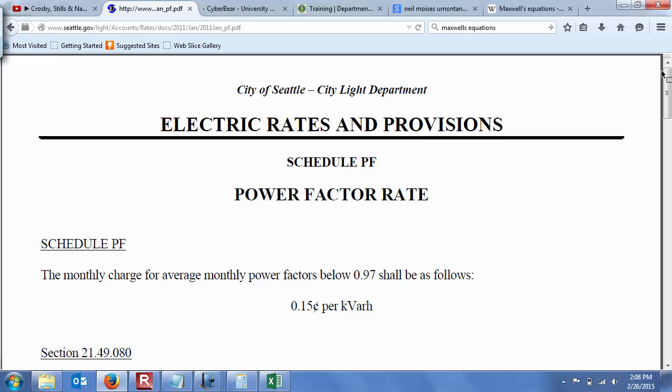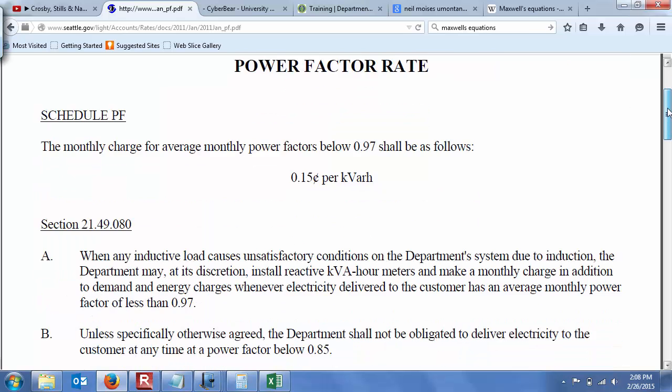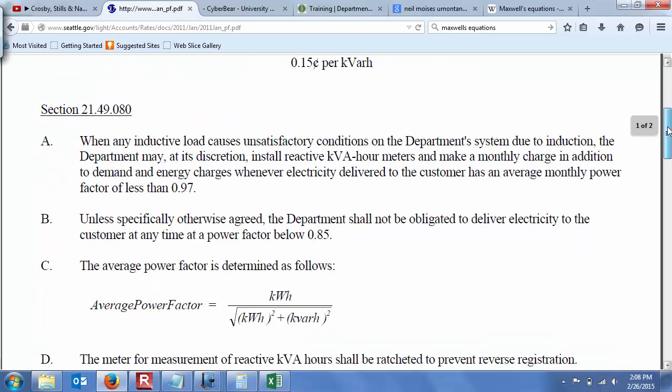But we have not been given kVARH. Average power. So are we going to have to dig kVARH out of this power factor equation first? I tried to do that. That's what he was telling Reed to do.